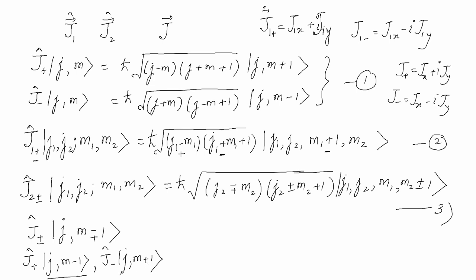Therefore both of them will become |J, M> after the operation. And if you look at this expression, when J plus operates on |J, M>, it gives us J minus M times J plus M plus 1. Therefore, when J plus operates on |J, M minus 1>, here I should have M minus 1.